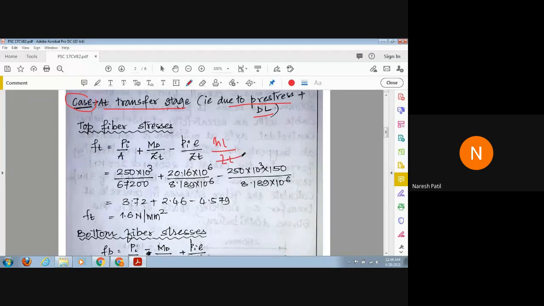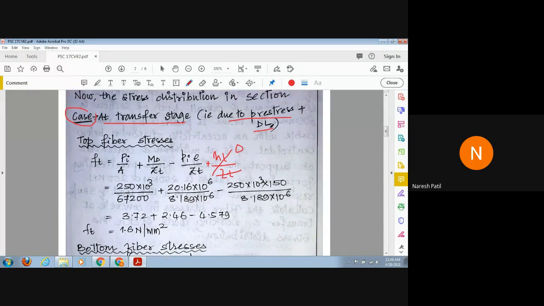Why? Can anyone tell me why ML by ZT is not there? Can anyone answer? Live load is not there, sir. Yes, because here it is 0, because at transfer stage we have only pre-stress and dead load. So that's why it is only P by A, MD by Z and P by Z.